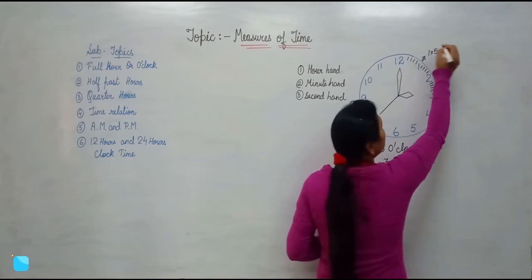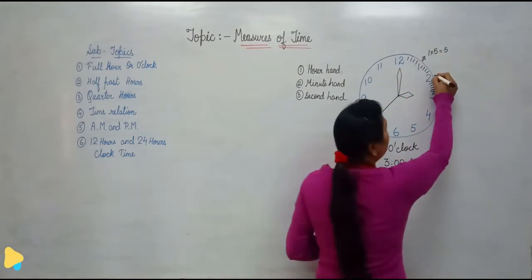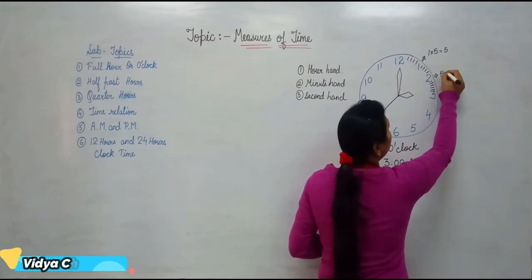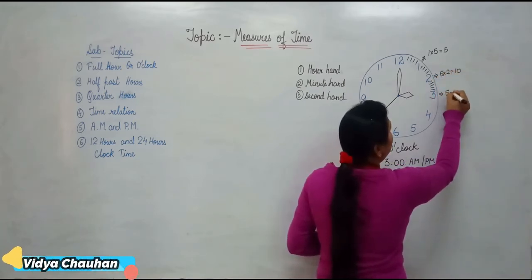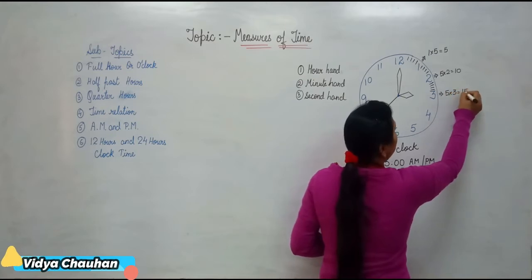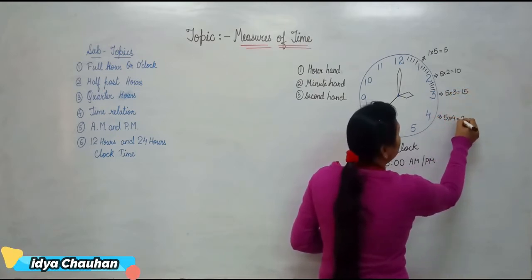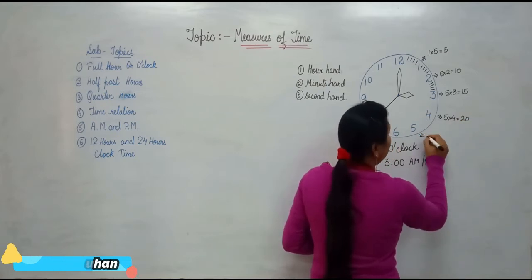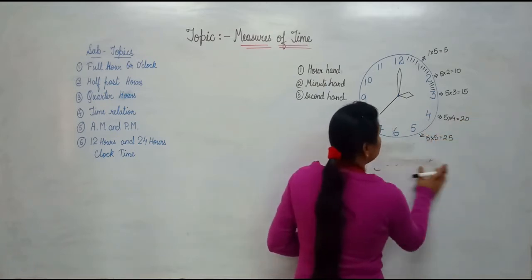So 1 fives are 5, or 5 ones are 5. Then similarly, 2 becomes 5 into 2, that is 10. Then 5 into 3 becomes 15. 5 into 4 is 20. 5 into 5 is 25.